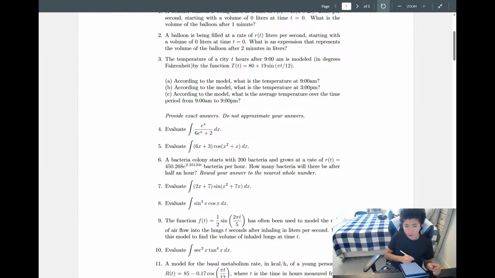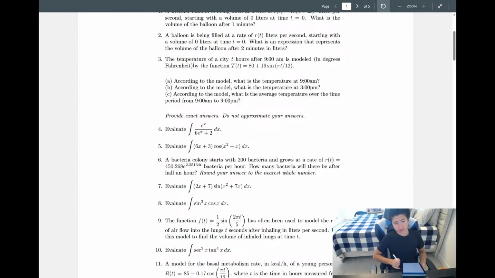C. According to the model, what is the average temperature over the time period from 9 a.m. to 9 p.m.? Perfect. So using the average formula, 1 over b minus a times the integral from a to b of f of x dx. Hold on.